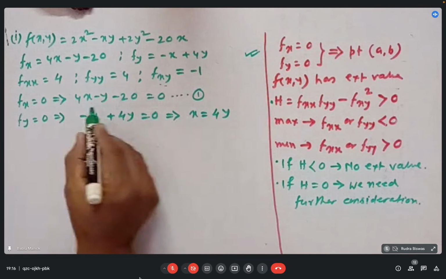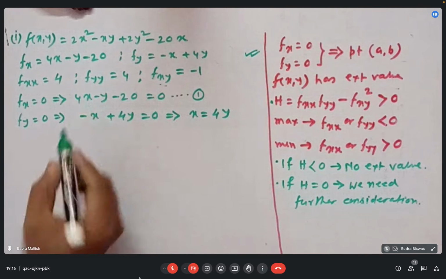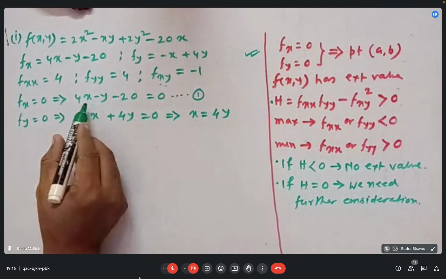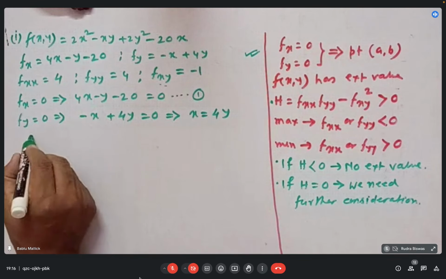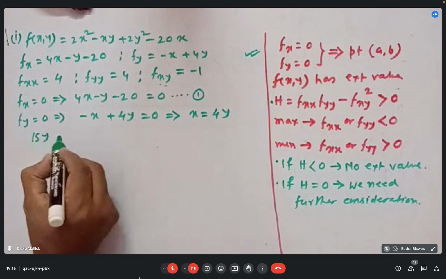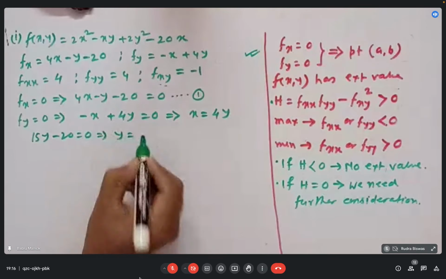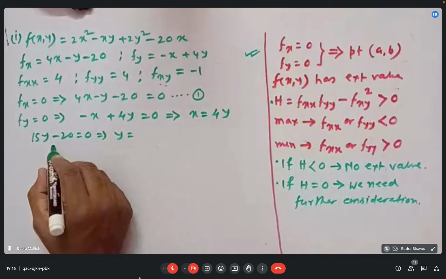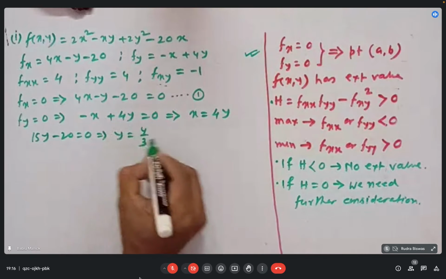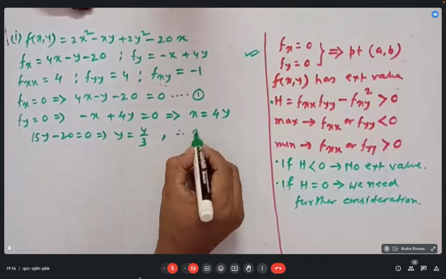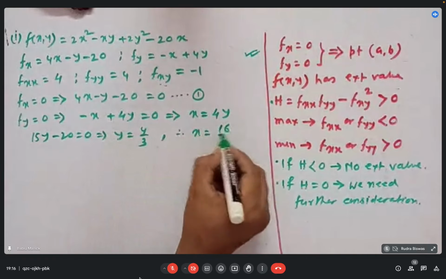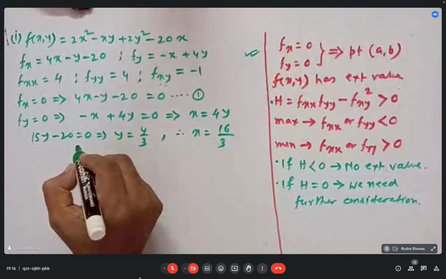So if we put the value of x here, we get 16y minus y, that means 15y minus 20 is equal to 0. So y is equal to 4 by 3, and x is equal to 16 by 3.